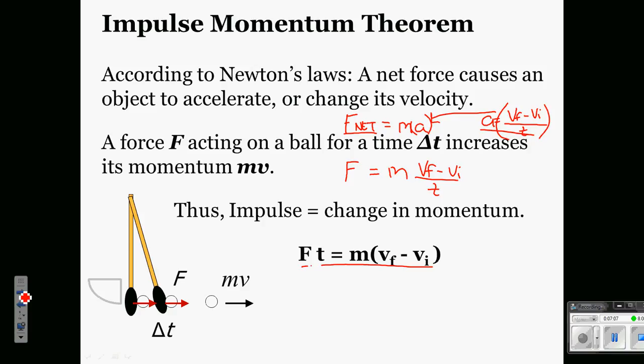So how do I get impulse equals momentum? I take my t and multiply both sides by it, and this is the formula I get. This formula is very handy because it tells us that the impulse is the same as the change in momentum. So whatever I calculate for the impulse, if I'm given my force and my time in a word problem, that's also going to be my change in momentum, or vice versa.